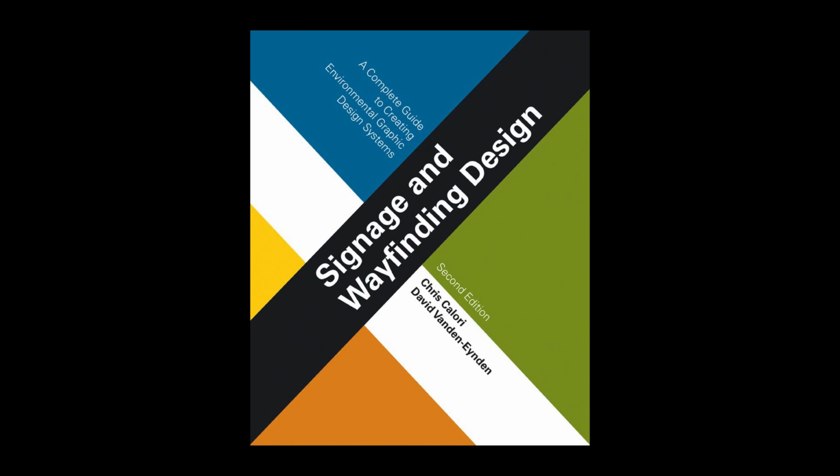In this respect, the information content system can be thought of as the software of a sign program. You can't see it or touch it, but the sign program wouldn't be functional without it.